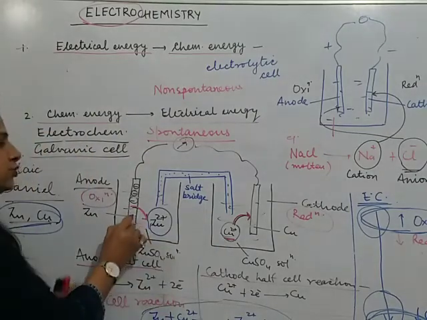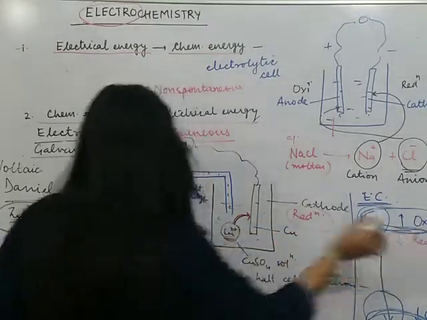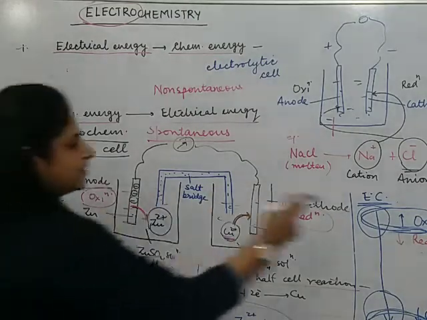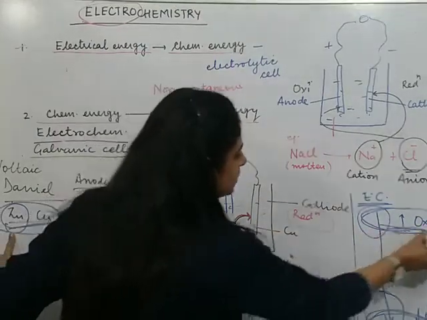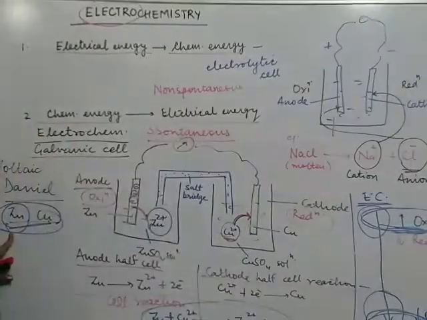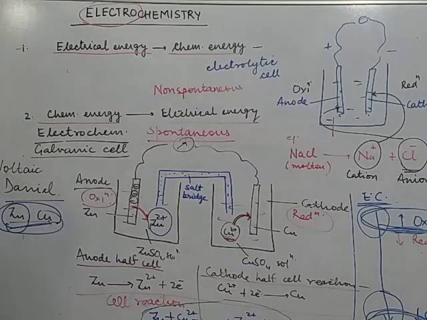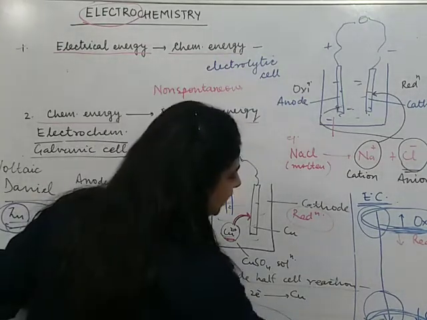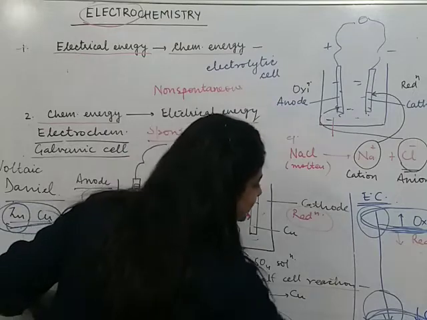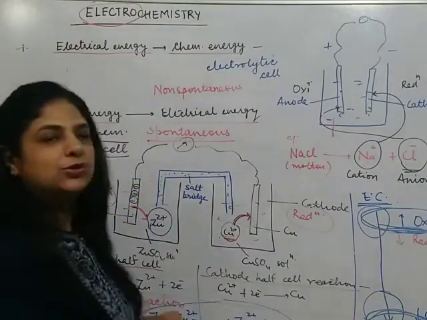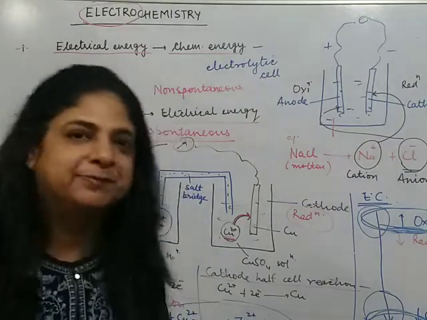Because the metal which shows higher oxidation tendency, for example zinc, is higher in electrochemical series, so it has greater tendency to get oxidized, and that is why it is being used as anode. While the copper, which is lower in electrochemical series, has a greater tendency to get reduced, and hence it is acting as cathode in the electrochemical cell.